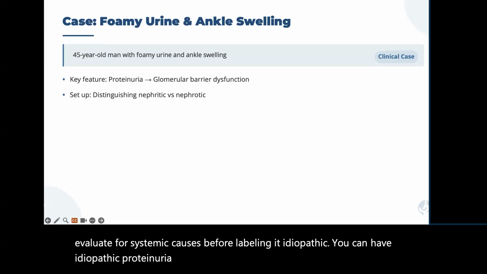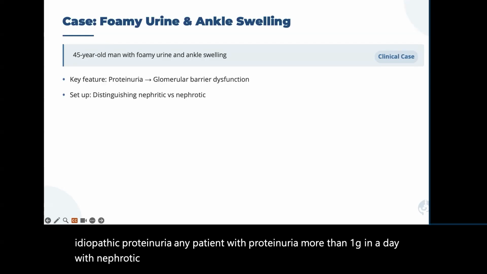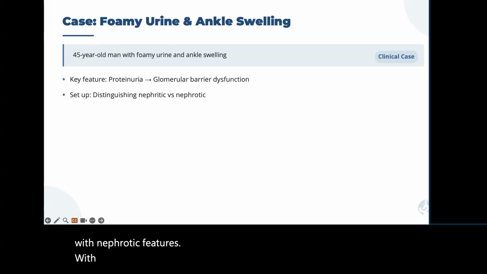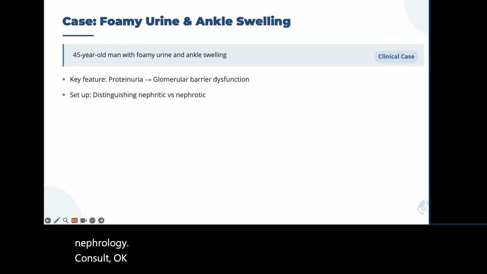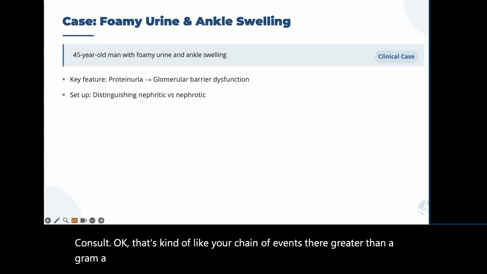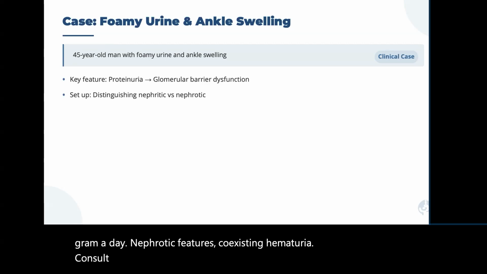Any patient with proteinuria more than 1 gram in a day with nephrotic features and coexisting hematuria is going to go for a nephrology consult. That's your chain of events: greater than 1 gram a day, nephrotic features, coexisting hematuria, consult nephrology.